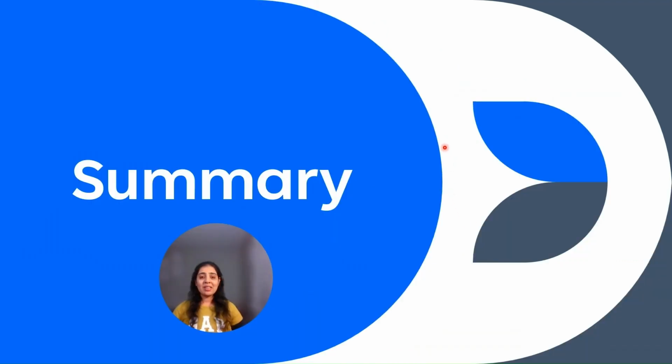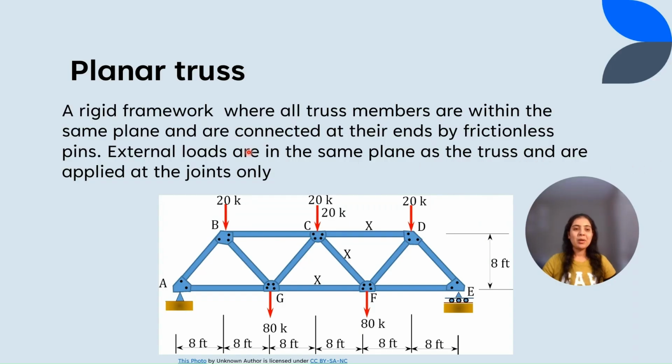So we will see the summary for truss. A plane truss is a rigid framework where all truss members are within the same plane and are connected at their ends by frictionless pins.